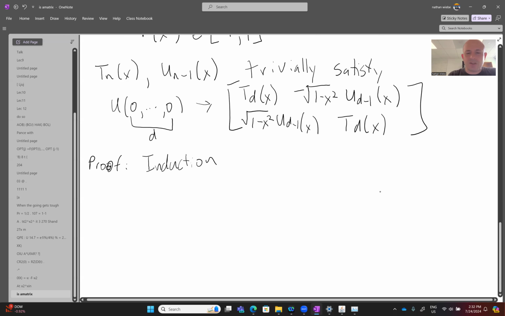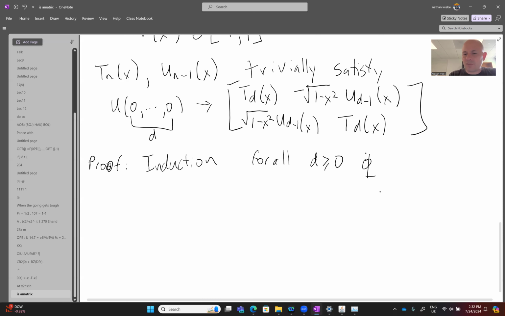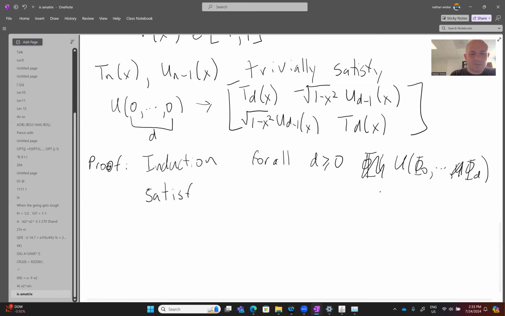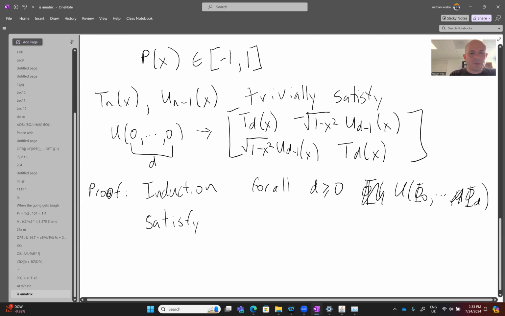The first direction we need to say is for all d greater than or equal to 0, the function U of phi 0 through phi d will generate a set of polynomials that will satisfy all three properties.